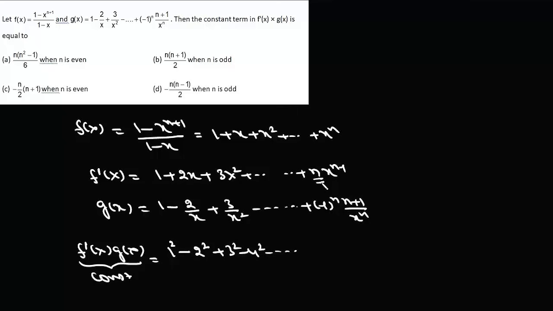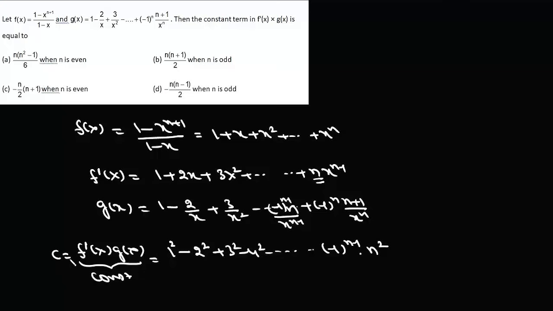So this n gets multiplied with the term before, which is minus 1 to the power n minus 1 into n divided by x to the power n minus 1. So it will be up to minus 1 to the power n minus 1 into n square. So this is the constant term that we need.